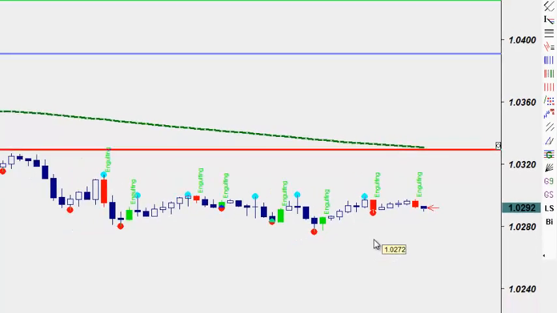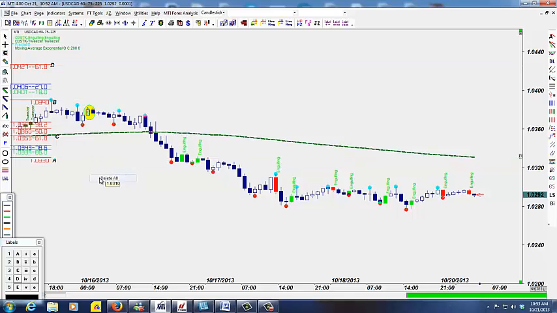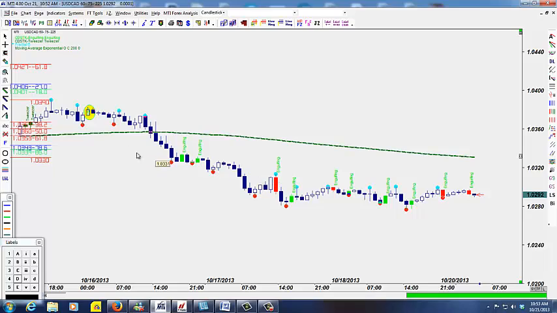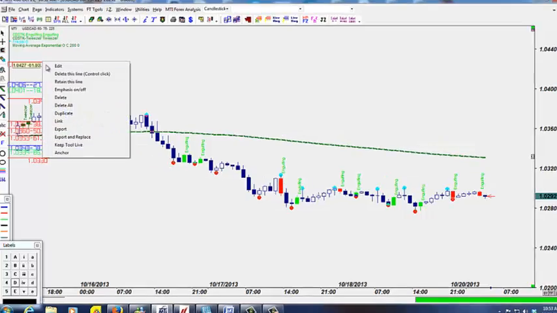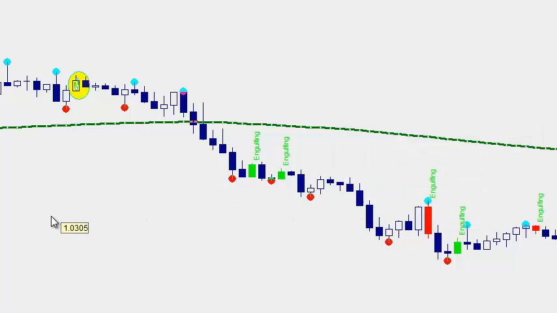So, what we need to do is we're going to basically change this up. Take these all off. And we're at current price now.